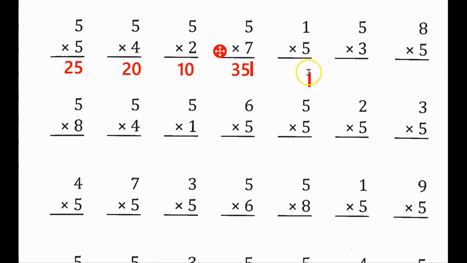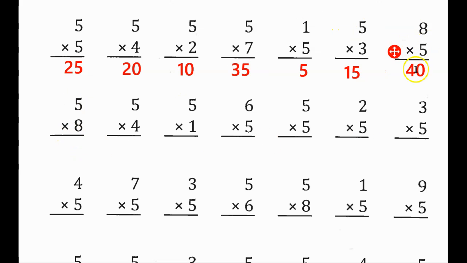Good. 5 times 1? 1 times 5? 5 times 3? 5, 10, 15, right? Look, count by 5s. 5, 10, 15. Like that. So that's 15. 8 times 5? Tell me. 40. Good.